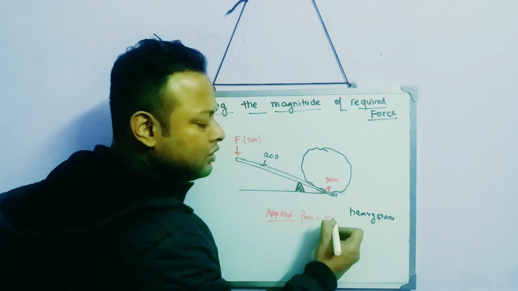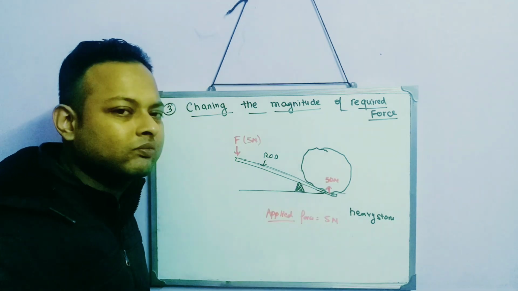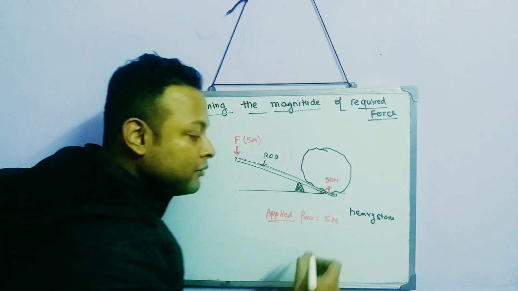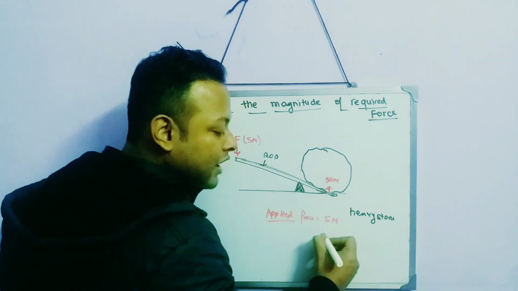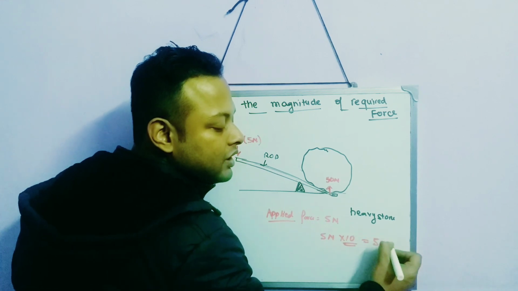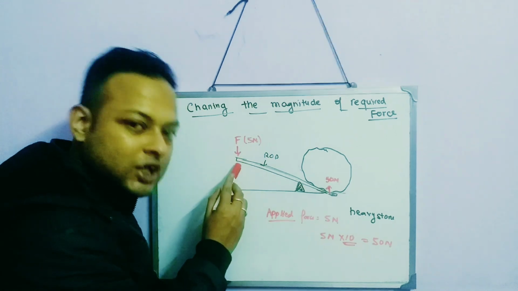Only 5 Newton. Is 5 Newton of force enough to move this rock? No. But by using the rod in this manner, my applied force of 5 Newton is getting multiplied 10 times and it is becoming 50 Newton on the other end.